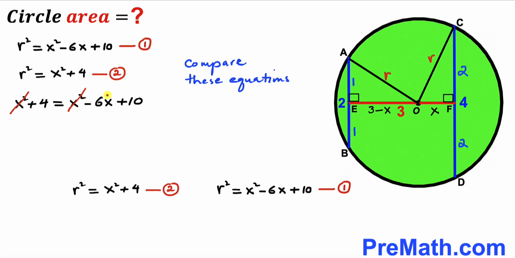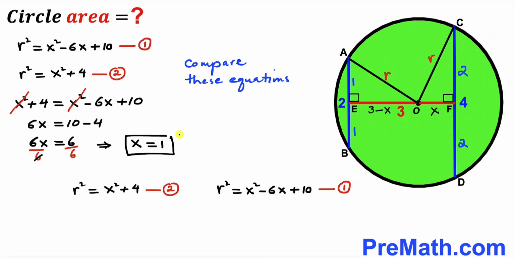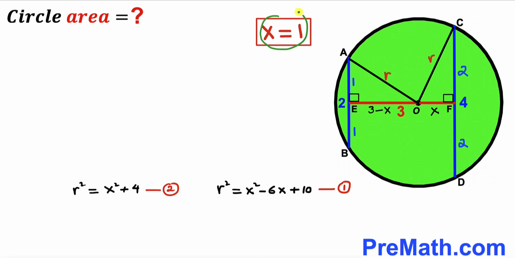I'm going to move this 6x to the other side, and at the very same time, move this 4 in the opposite direction. So 6x equals 10 minus 4, or 6x equals 6. Now I'm going to divide both sides by 6 to isolate x. Here 6 and 6 are gone, so our x value simply turns out to be equal to 1.